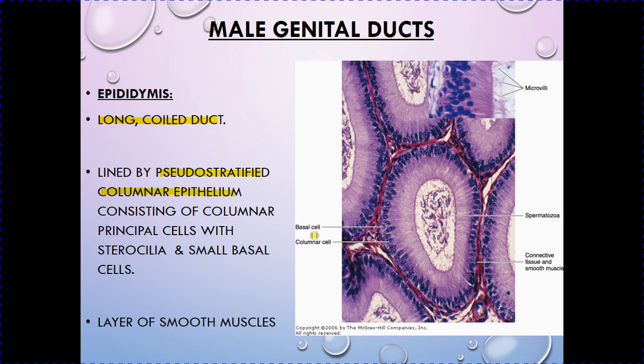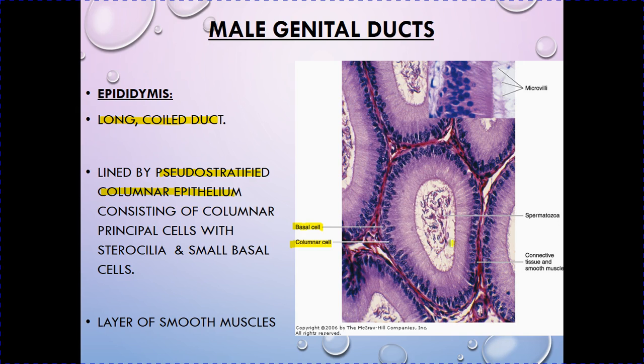It consists of two types of cells: columnar principal cells having stereocilia, and some small basal cells. These are the stereocilia which can be seen on the apical region of the columnar cells.